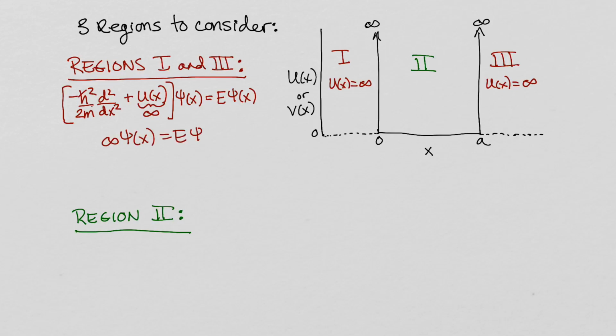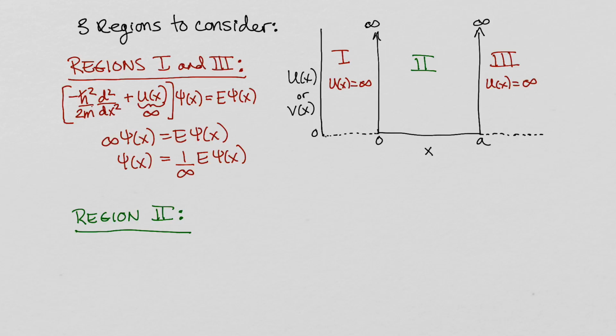And write our Schrodinger equation like that. If we bring our infinity over to our other side, just a little algebraic magic, we get that result. Okay, so let's think about this.